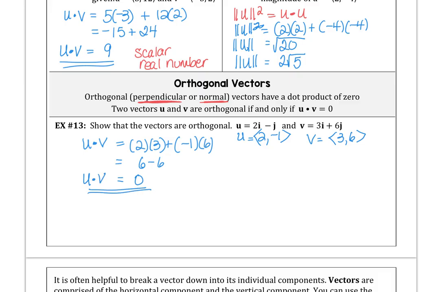When the dot product is 0, vector u is perpendicular to vector v. So we proved that using the properties.